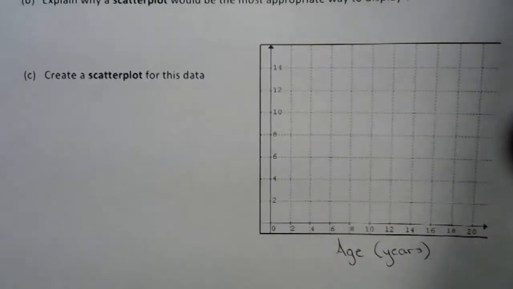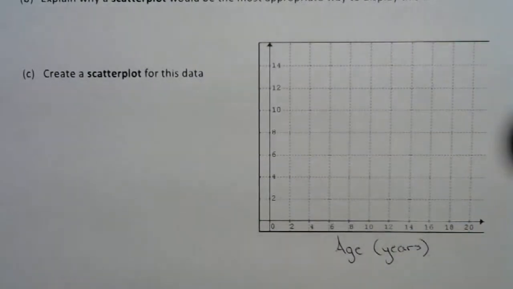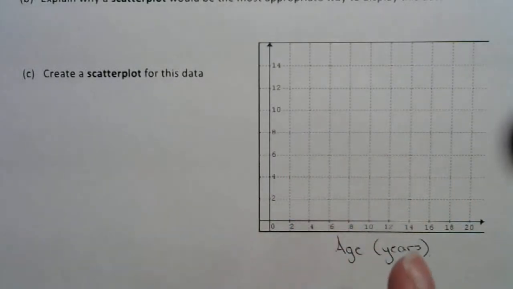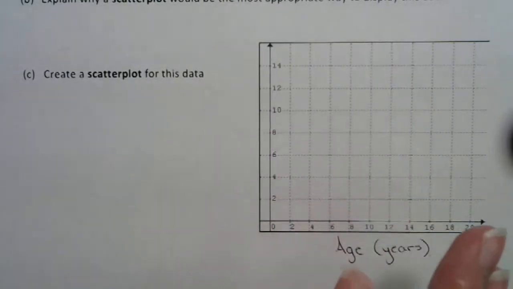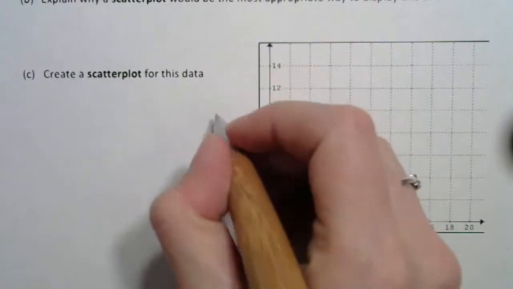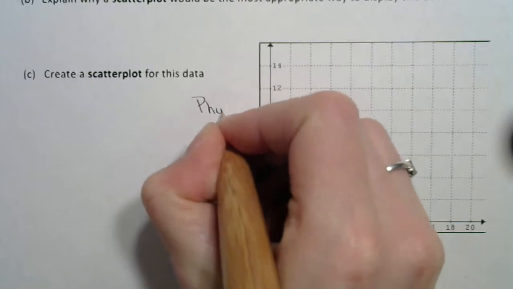Basically, the best way to think about it is, are you trying to find out if age depends on the amount of physical activity you do? Because if I could do more exercise and decrease my age, that would be great. But it probably won't. We're probably looking at whether or not age influences your amount of physical activity.